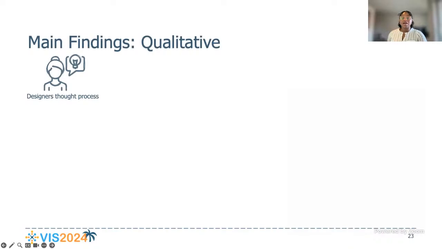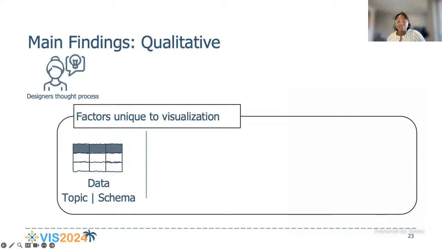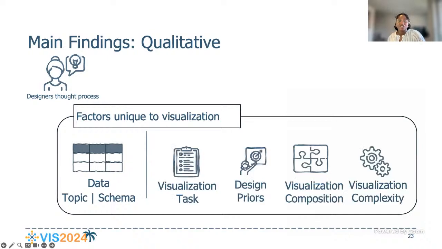Our study also had a think aloud protocol, and since we're interested in understanding why and how designers would incorporate ideas from examples, we performed a qualitative evaluation of their thought process during the experiment. And the main thing we synthesized from this is that, contrary to our initial assumption of data being the most constraining influence on designers' design choices, we actually have 4 additional factors that designers describe as influential to their decisions on whether or not they should incorporate ideas from examples.